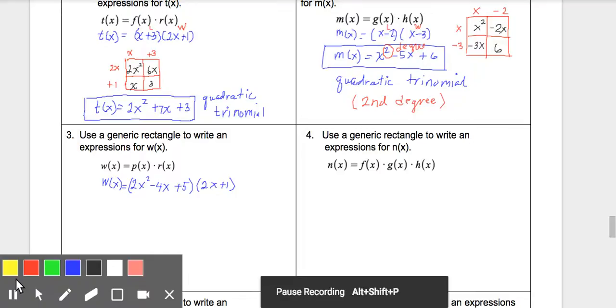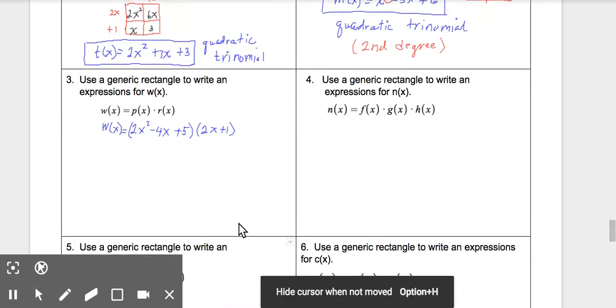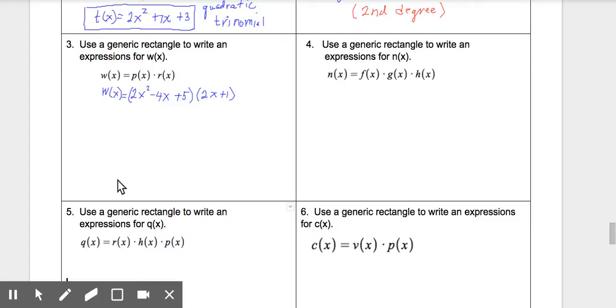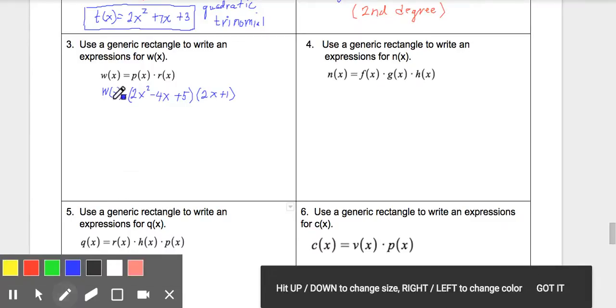So we want to use a generic rectangle to find w of x.